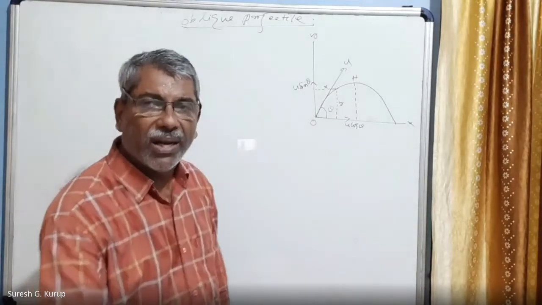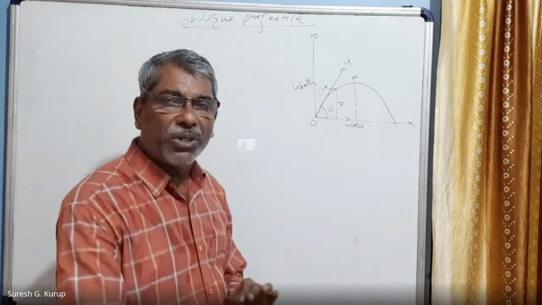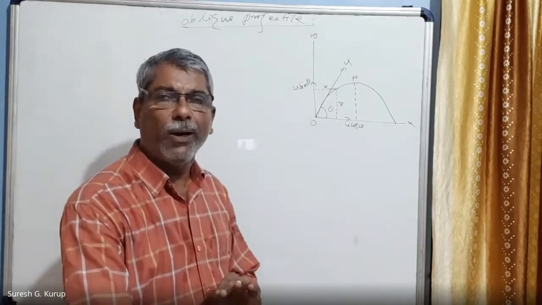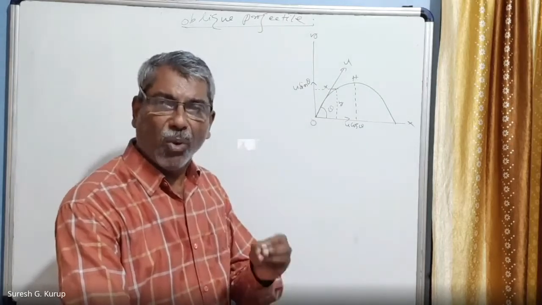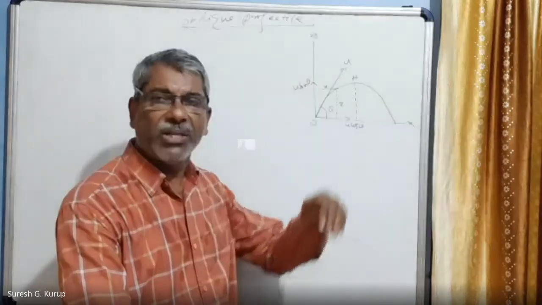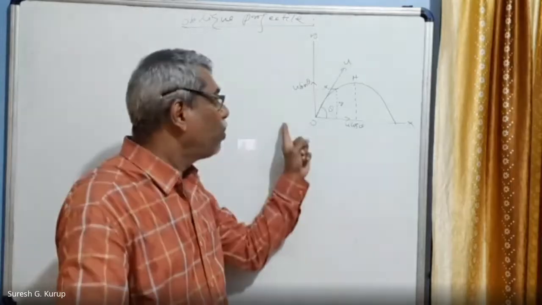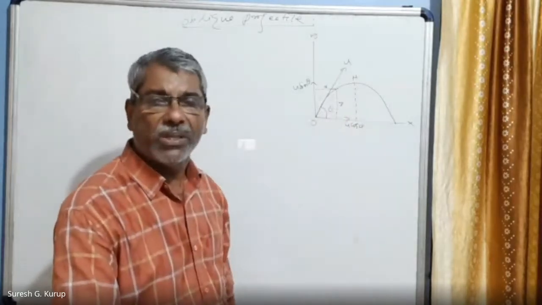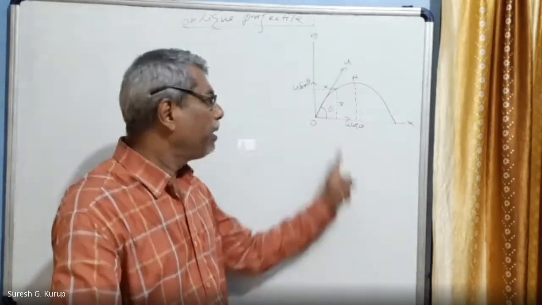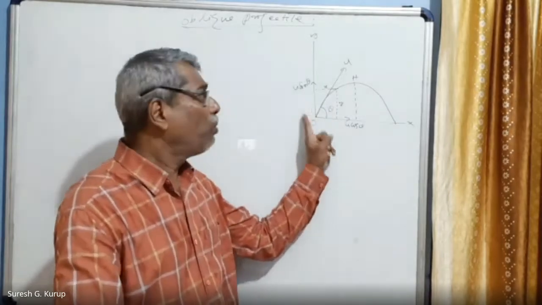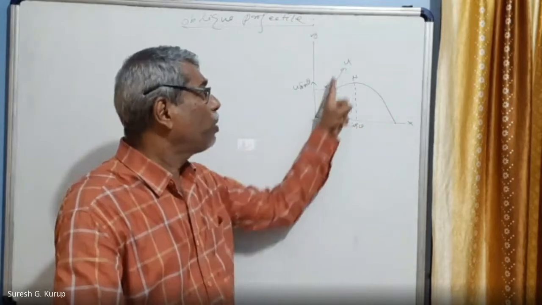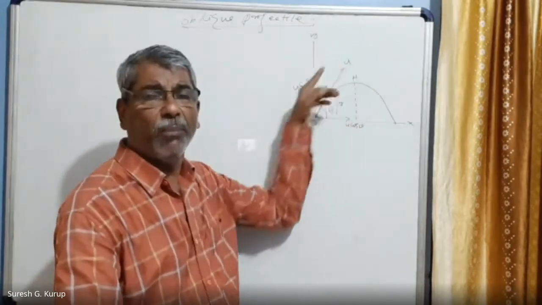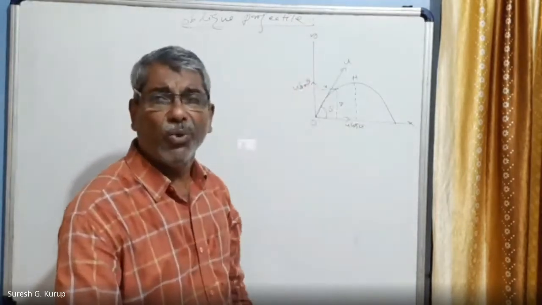Am I correct? Now, projectile motion is the best example of motion under gravity. In motion under gravity, the acceleration is always acting downwards. The body is projected upwards with the velocity u, making angle theta with the horizontal. Once the body is projected along the direction of u, it cannot keep moving in the direction of u only.